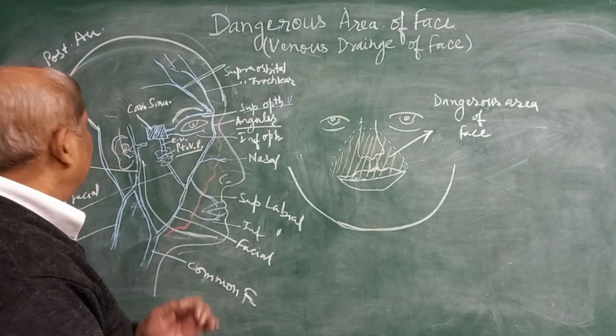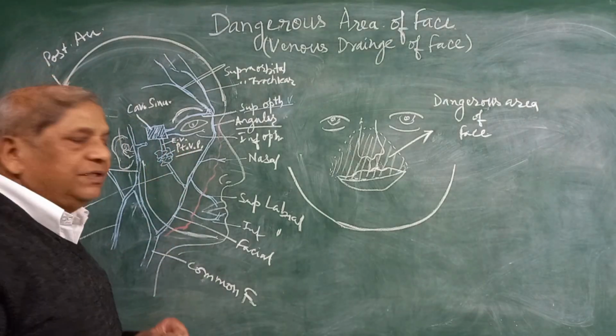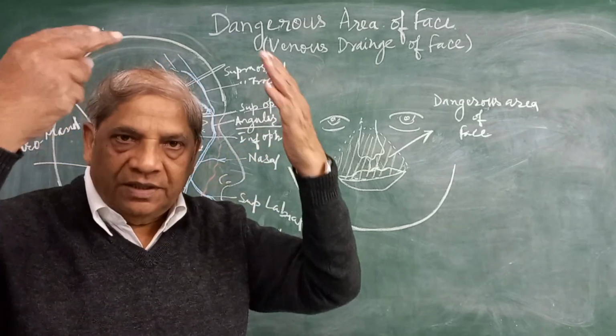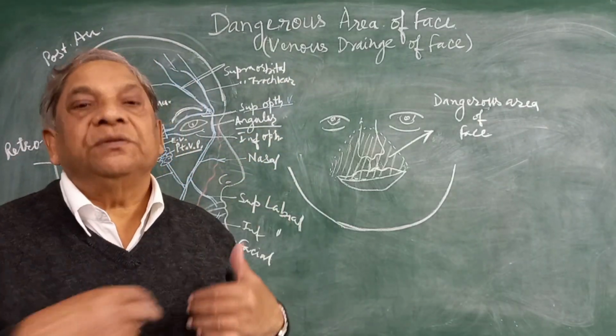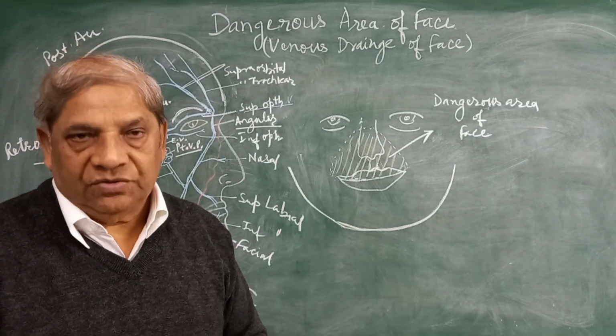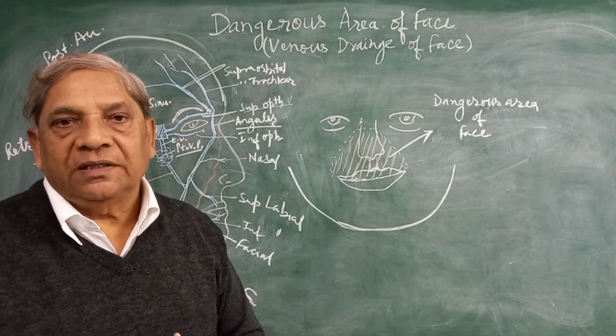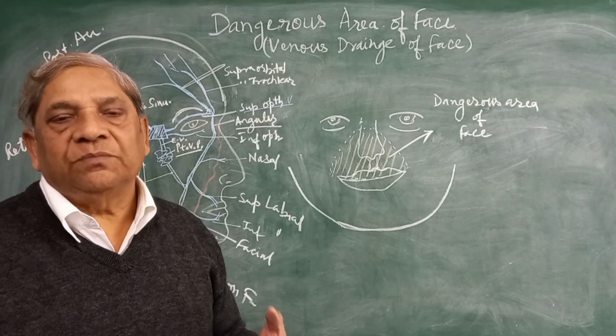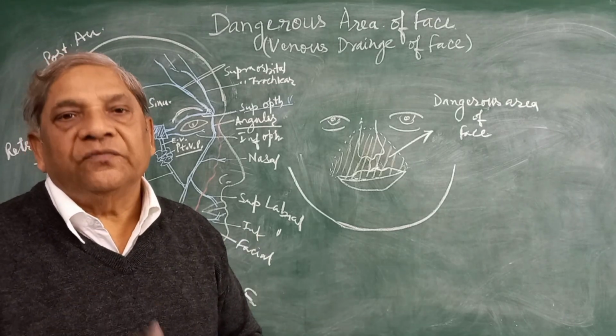Okay. Now if you see the peculiarities of these veins of the face, since they have to drain the blood with gravity, because the heart is in the thorax, hence there are no valves. Okay, as we have learned, there are valves in the limbs, especially the lower limbs, so that the blood flow is only in one direction.